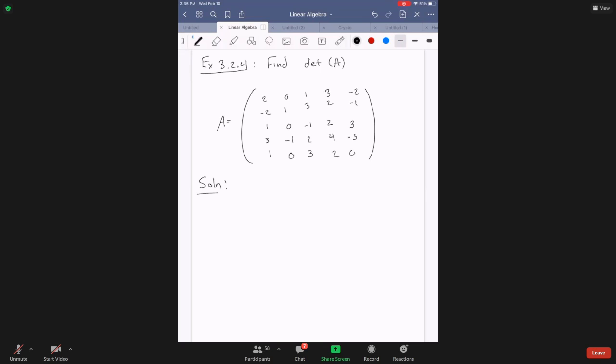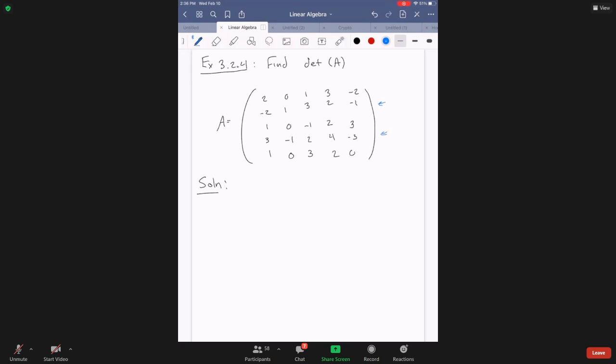So maybe let me refine the strategy I mentioned. Before you try to REF it, first try to see if you can make an entire row or column all zeros except for one element. For example, let me take this row and add it to this row.